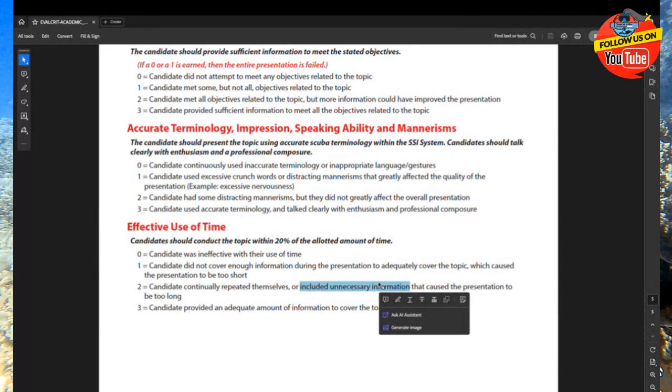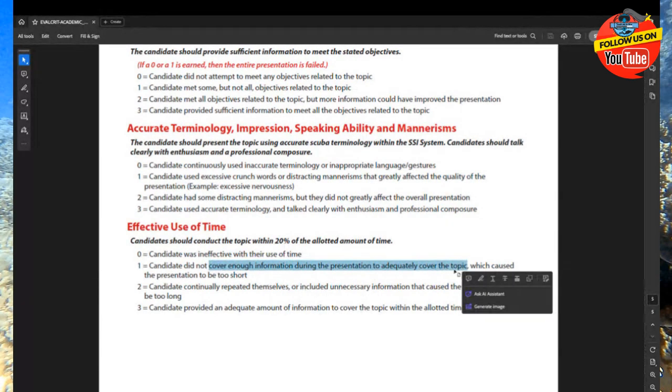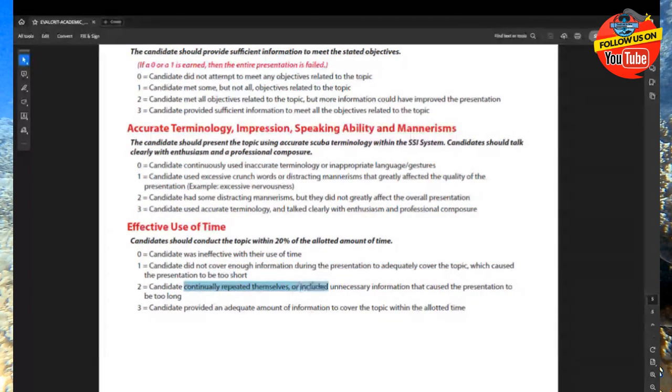Unnecessary information, too much, right? As we went through this, she didn't do that at all, and she covered all the information. So the candidate covered enough information during the presentation to adequately cover the topic. So she can't be guilty of a 1 because it was adequate, right? And she didn't repeat herself or include unnecessary information, so she can't be guilty of a 2.